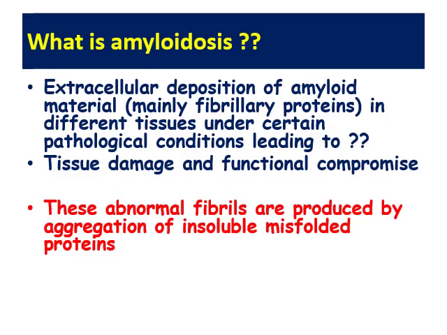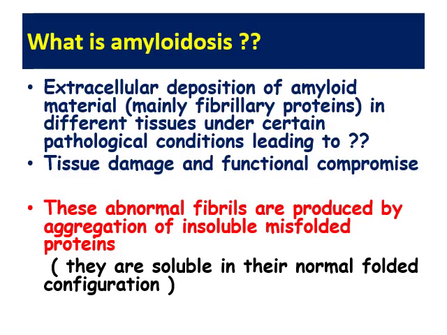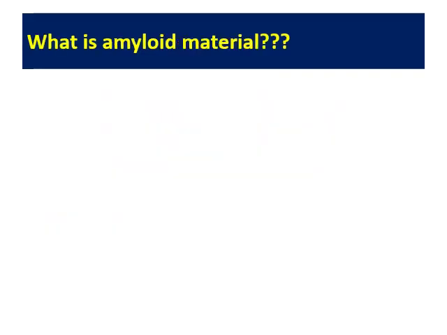This leads to the effect, which is tissue damage and functional compression. These abnormal fibrils, as we explained, are produced from aggregation of insoluble misfolded proteins. Normally, in the normal folded state, they are soluble, but when they are misfolded, they are insoluble.